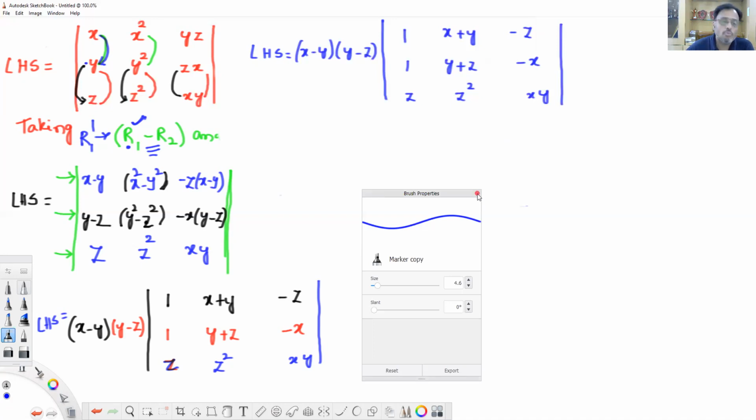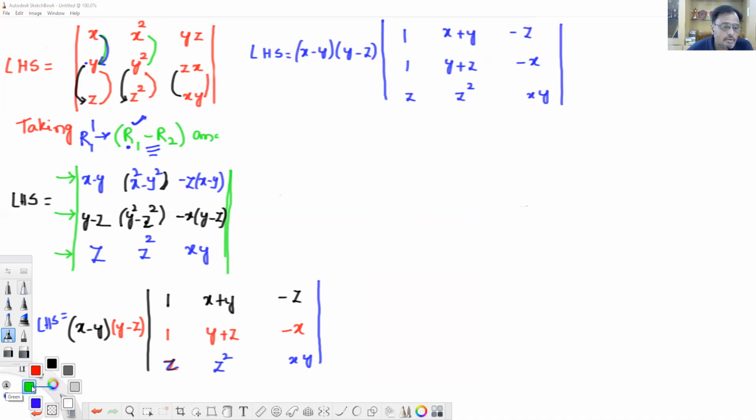Now we have to find one more, we have to find Z minus X. So how do you get Z minus X here? Look here.